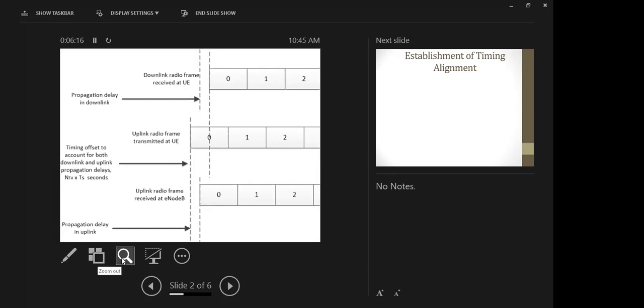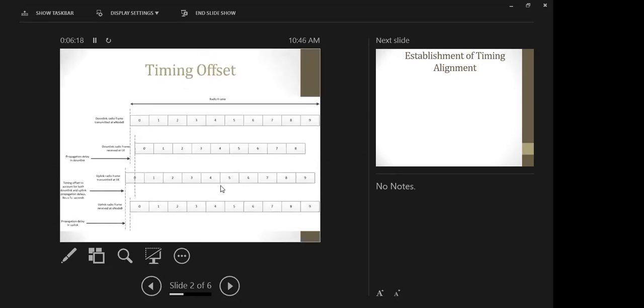Well, first of all, this is how things work. You have this kind of time alignment in reality, but not exactly. There are shifts, but there is continuous adjustment of any deviations.